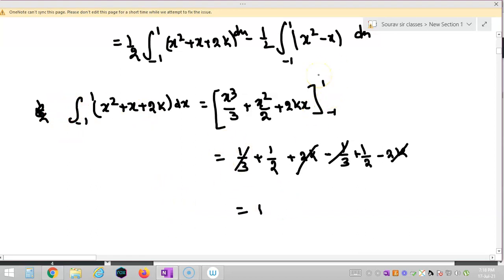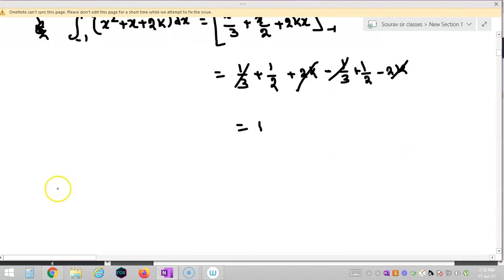Now let us discuss this function x square minus x. If you take x common, it will be x into x minus 1.